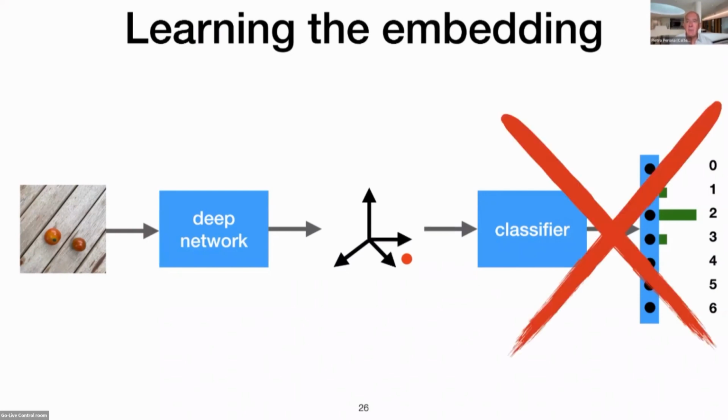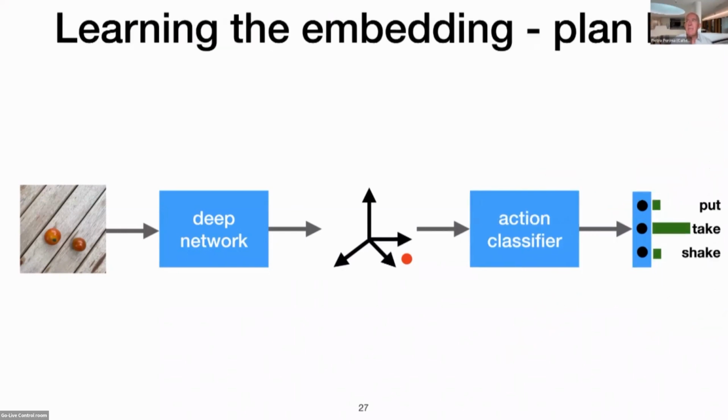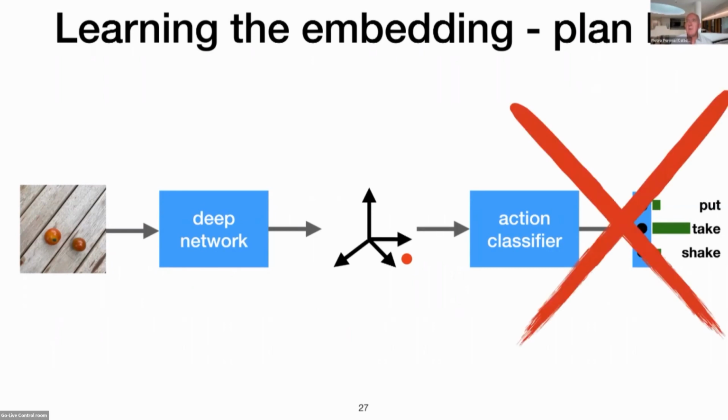So that's not what we want to do. The only things we know are the three actions of put, take, and shake. And so this may be the way to go, that the classifier classifies put, take, and shake. But of course, this doesn't work either, because to judge if there was a put, a take, or a shake, you have to have two images and not one, the image before and the image afterwards.